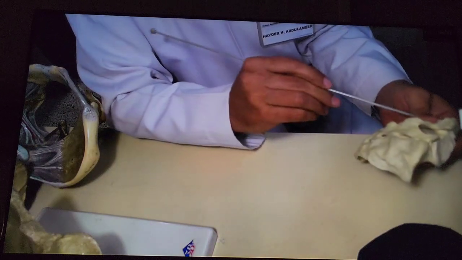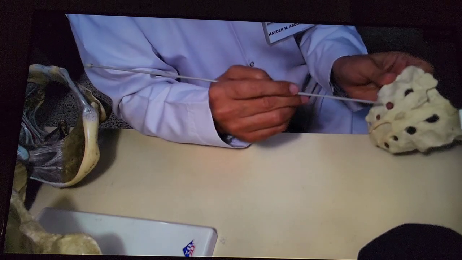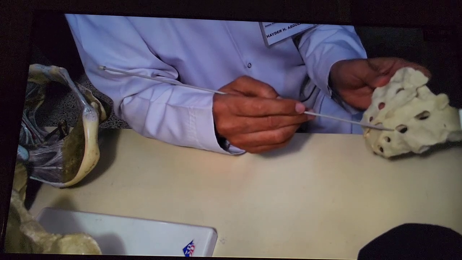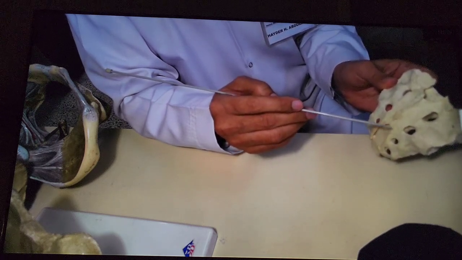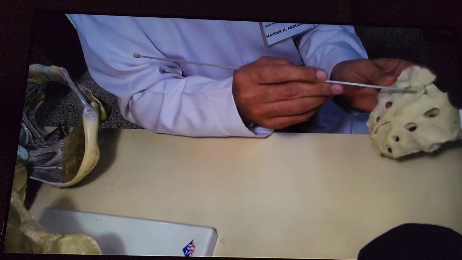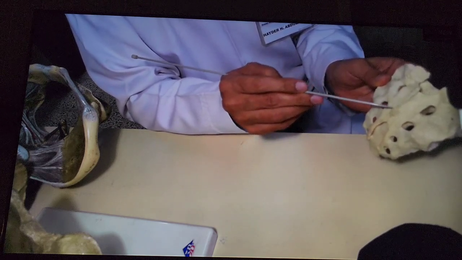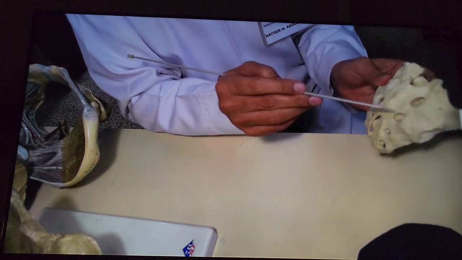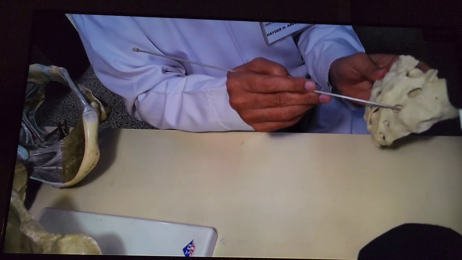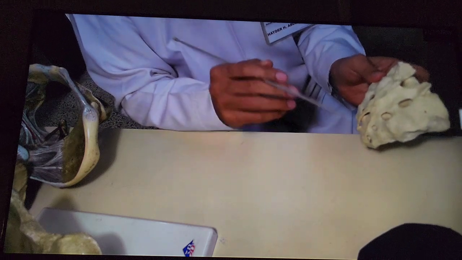In addition, you can see the posterior sacral foramina, located on both sides of the median crest. There is another crest in this region called the lateral crest of the sacrum.